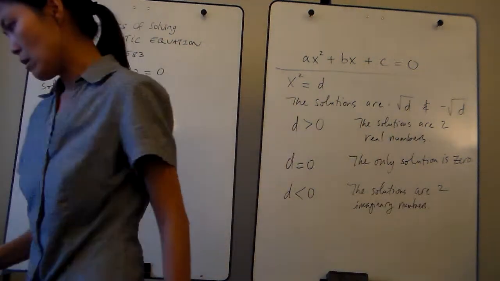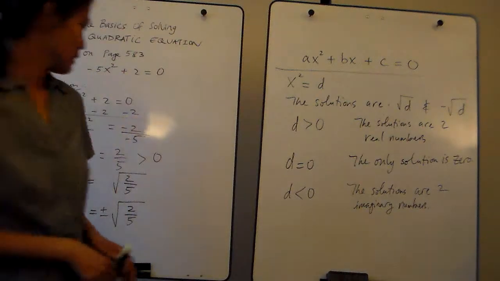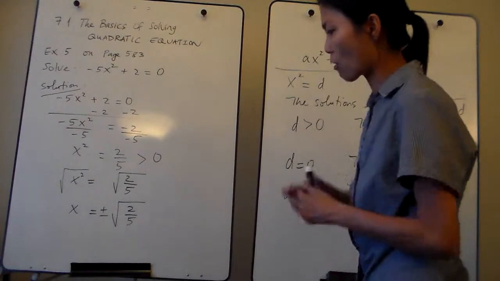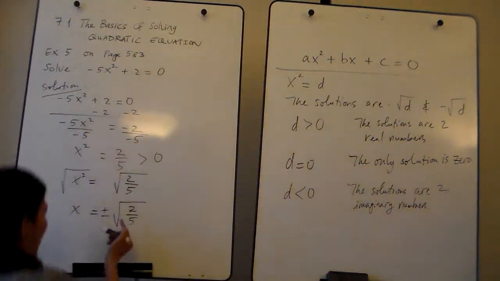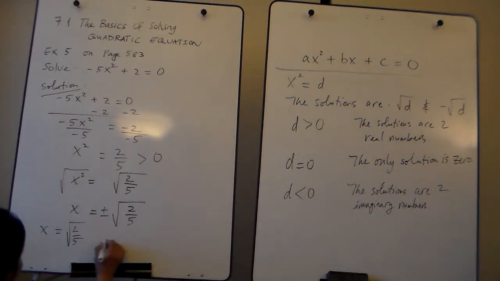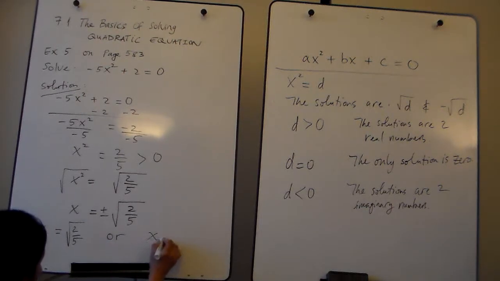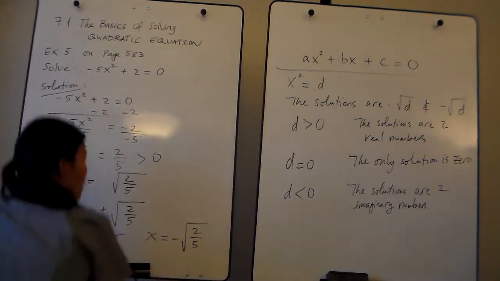So let's see how in your book they'll show you that instead of writing this, you can say x equal to square root of 2 over 5, or x equal to negative square root of 2 over 5.